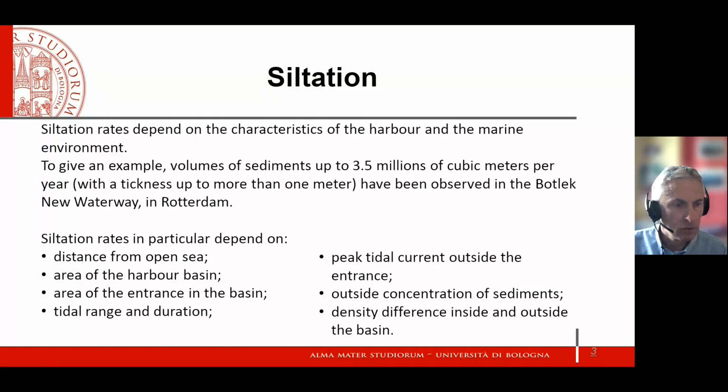Now, the first important thing to say is that siltation rates may be very important, very significant. And to give you an example, as you see in this slide, in the port of Rotterdam, and precisely in a waterway of the port of Rotterdam, we observed up to 3.5 million cubic meters of siltation per year, with a thickness of the accumulated sediments up to more than 1 meter per year.